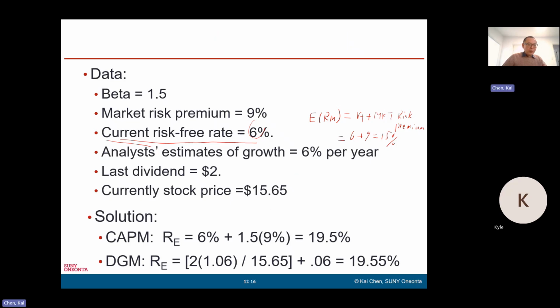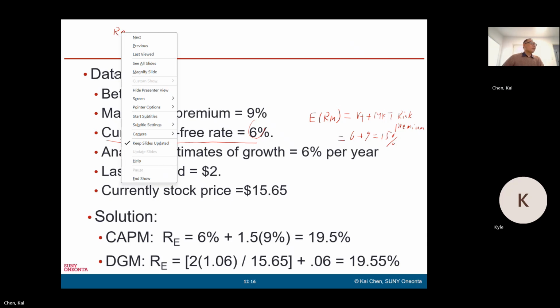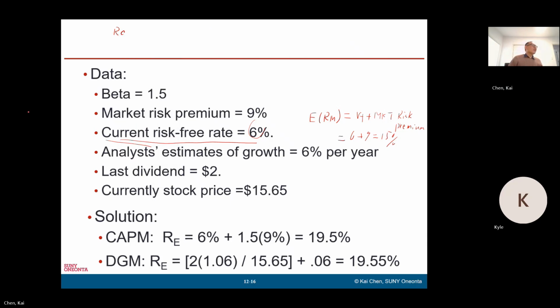First of all, we use CAPM to estimate the cost of equity. I use RE to represent the cost of equity.